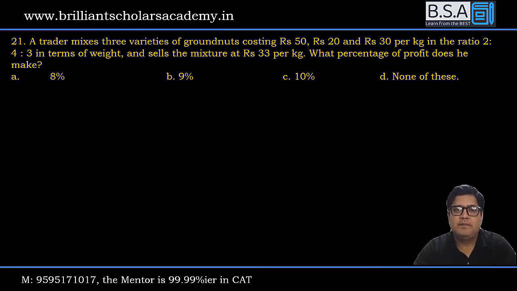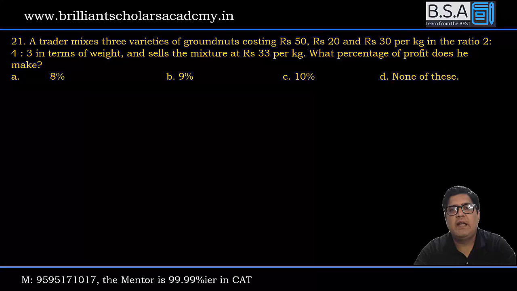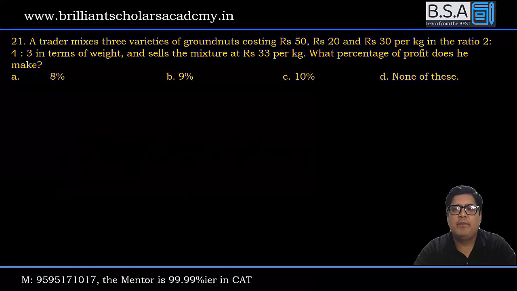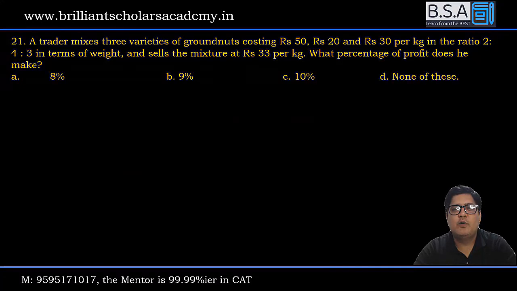Go on, try. A trader mixes three varieties of groundnuts costing rupees 50, 20, 30 per kilogram in the ratio 2 ratio 4 ratio 3 in terms of weight, and sells the mixture at rupees 33.